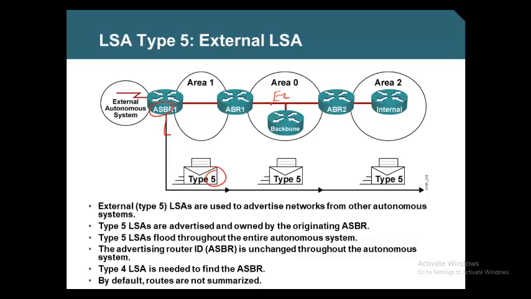We call it a type 3 advertisement. All the type 3 advertisements will be notified as IA, OSPF IA. You see here O IA, which means these are all type 3 advertised, type 3 LSA given routes.